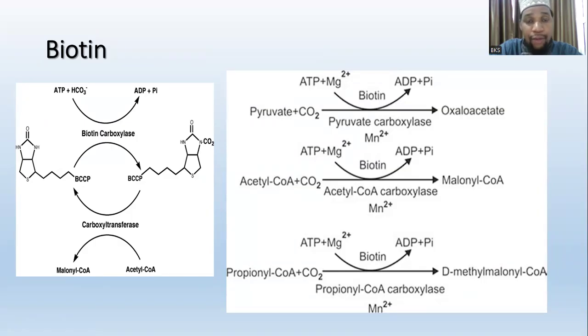Then the pyruvate can be carboxylated, where a one carbon carboxyl group is attached to pyruvate to form oxaloacetate. And we know that oxaloacetate is a compound involved in the citric acid cycle.